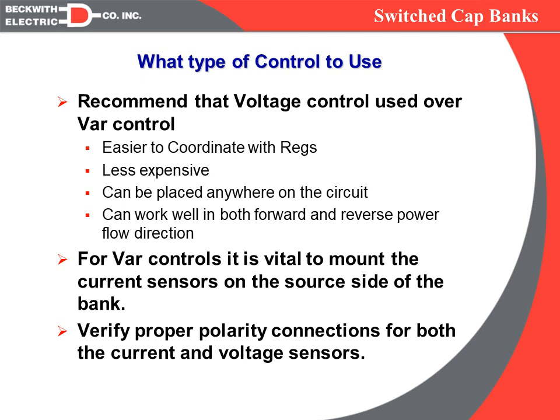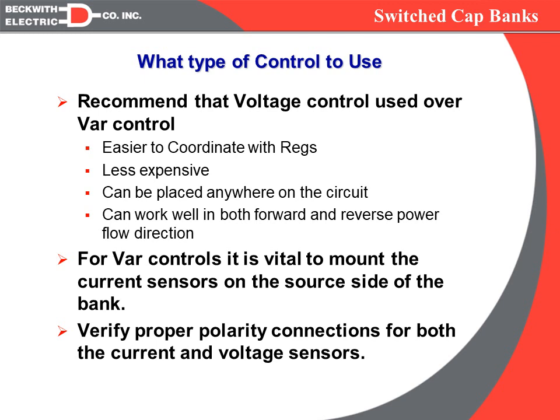Besides it being easier to coordinate with our regulators and our LTCs, it'll also be less expensive for the control. Less expensive because we will reduce the need for line post sensors. Less expensive because we will be hanging less things on the pole. And we can now place the capacitor on any pole we want, even if it's a lateral tap.